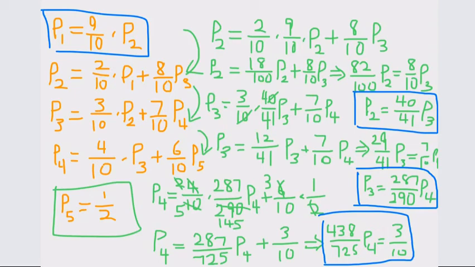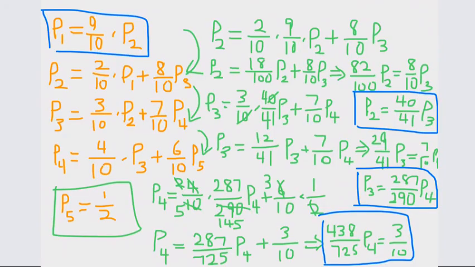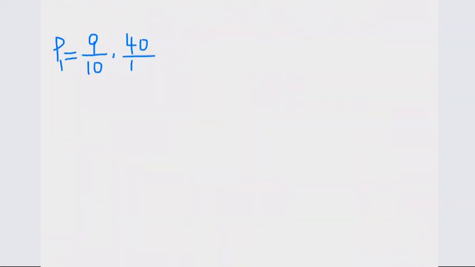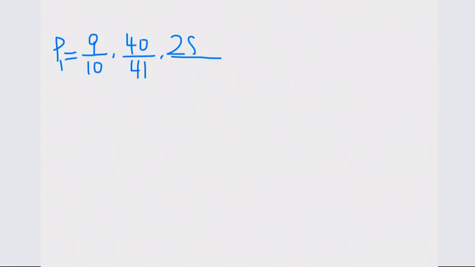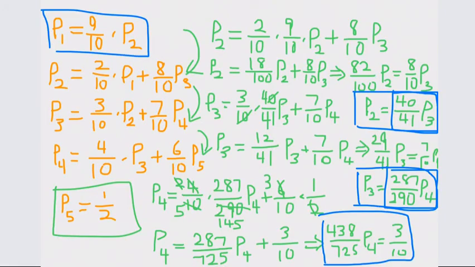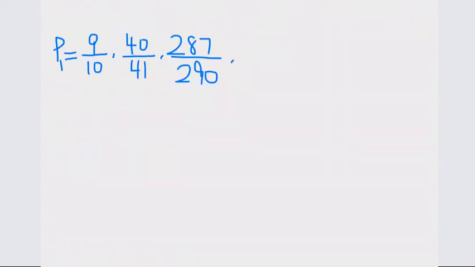So let's multiply these all together. p1 equals 9/10 times p2, which is 40 over 41 times p3, which is 287 over 290 times p4, which is 3 over 10 times 725 over 438.